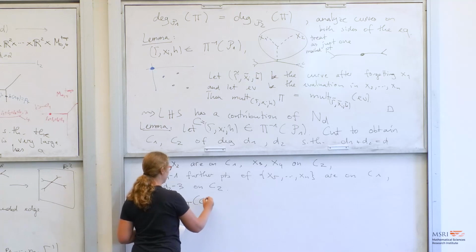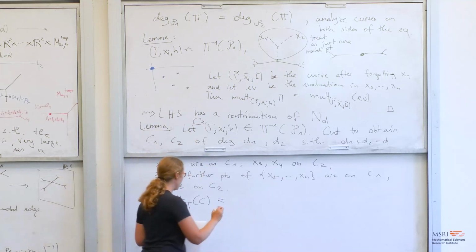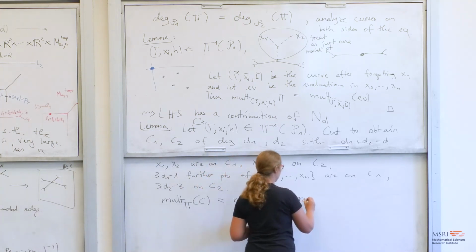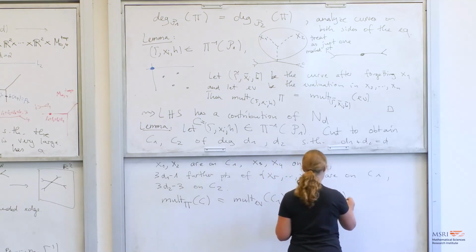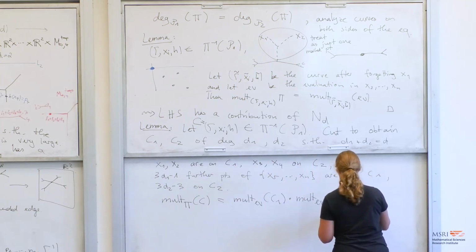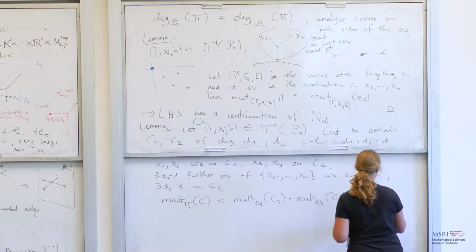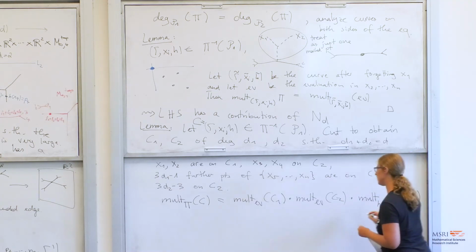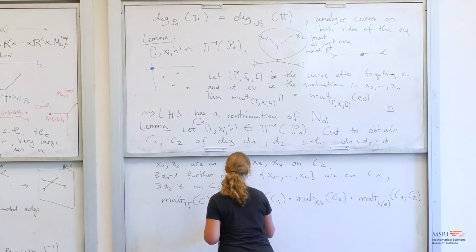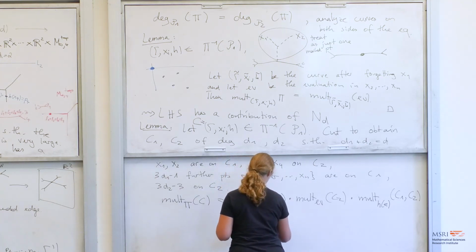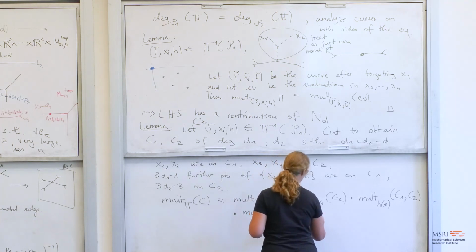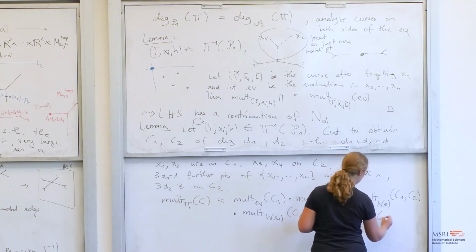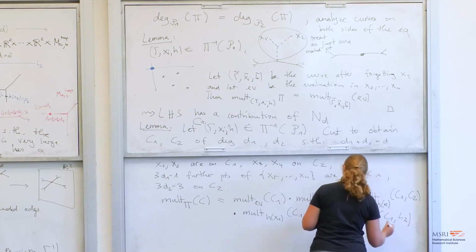of the pi multiplicity of my curve C before cutting is the EV multiplicity of C1 times the EV multiplicity of C2 times the intersection multiplicity at h of the contracted edge E of C1 and C2 times the intersection multiplicity at h of x1 of C1 with L1 times the intersection multiplicity at h of x2 of C1 and L2.